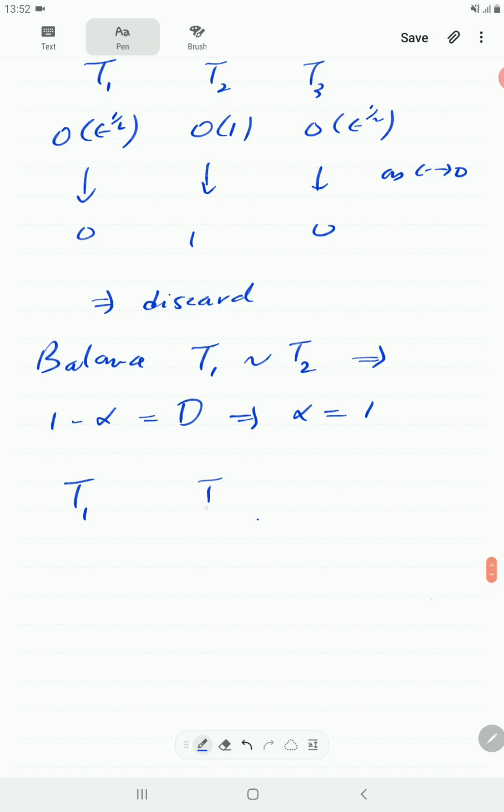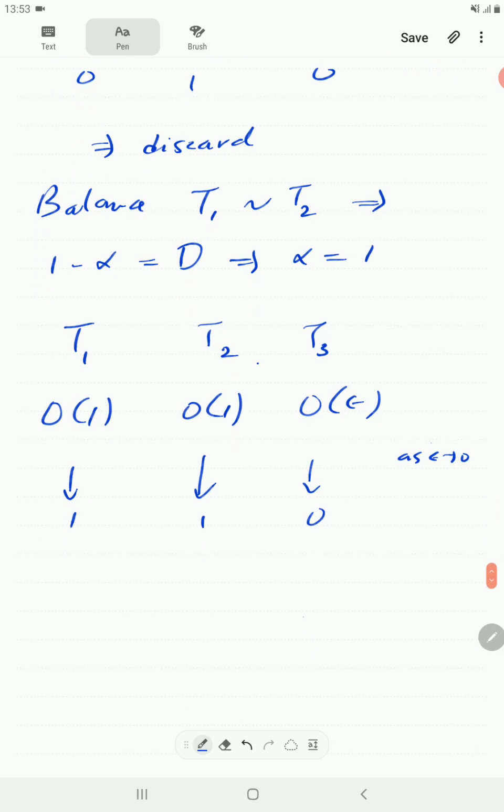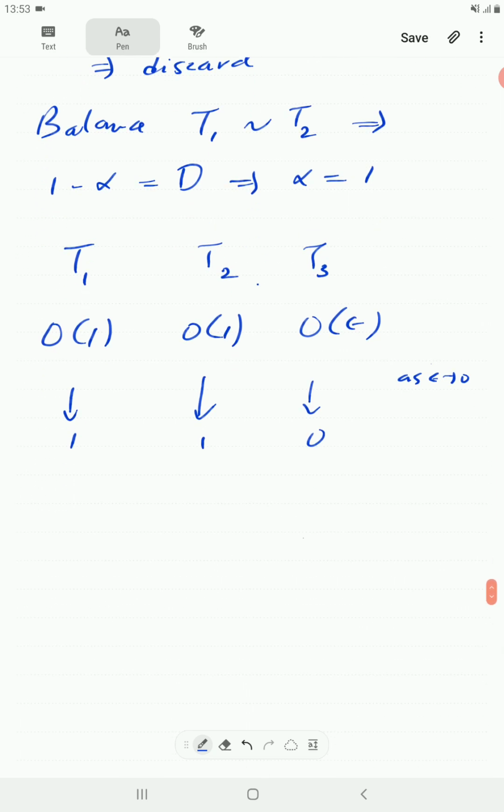Then in this case, term 1 is going to be of order 1, term 2 is going to be of order 1, and term 3 is going to be of order epsilon. Then as epsilon goes to 0, this goes to 1, this goes to 1, and this goes to 0. So this time the terms we balanced are dominating the third term. So this is giving us a distinguished limit.